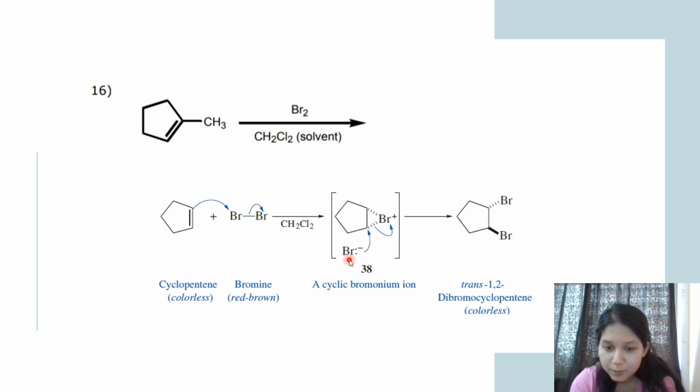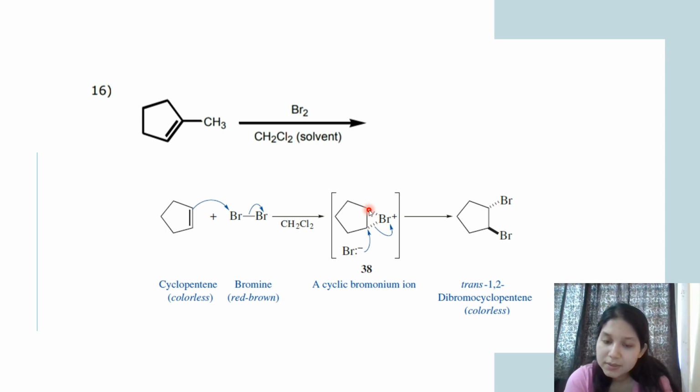So bromide will now come into the picture again, and this will attack either at this position or at this position, but in an anti fashion. Okay, bromide will attack the bromonium from the opposite face. What is the reason? The reason I had explained already. It is due to the molecular orbital orientation.